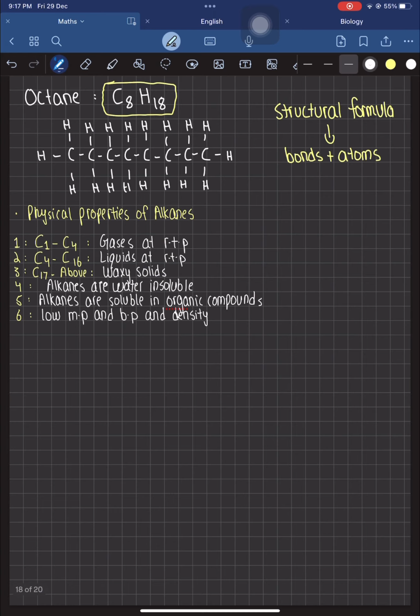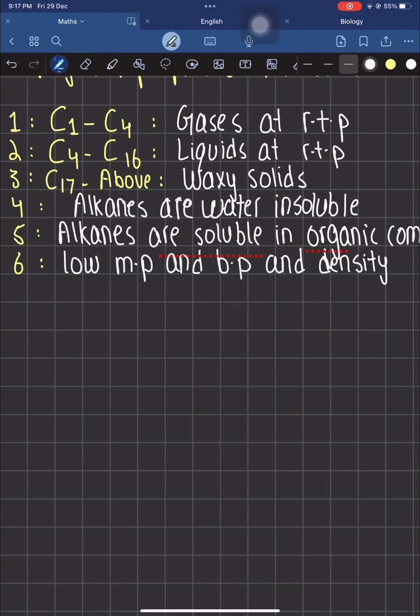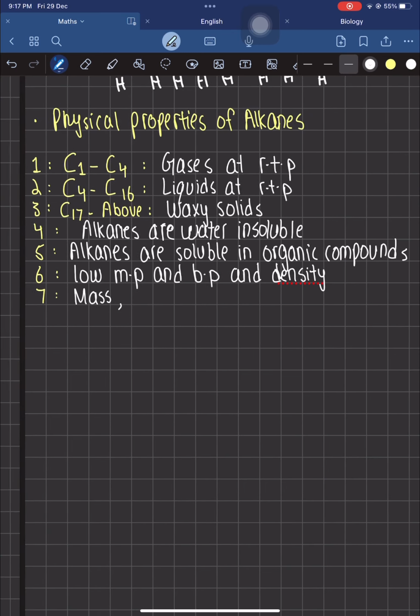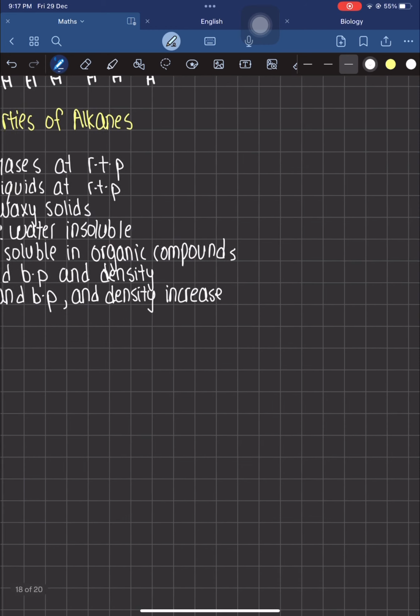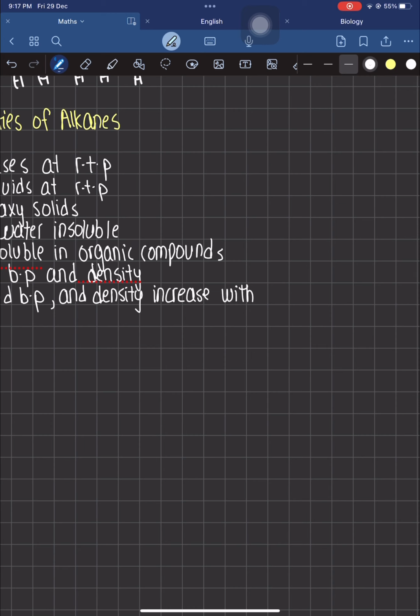Okay, so the seventh property is that mass, melting point, boiling point and density increase with increasing carbon number.